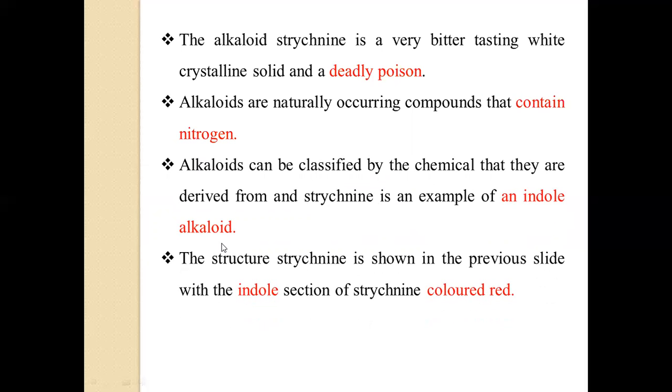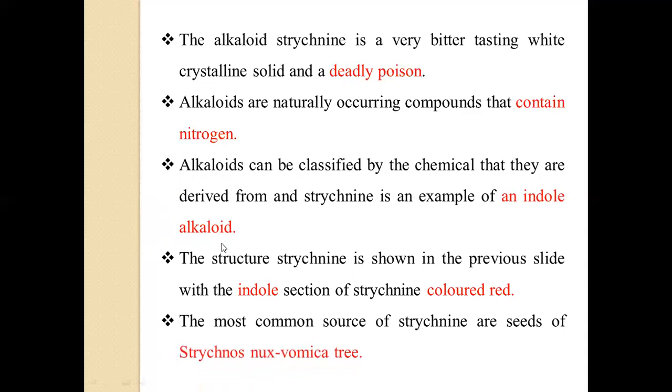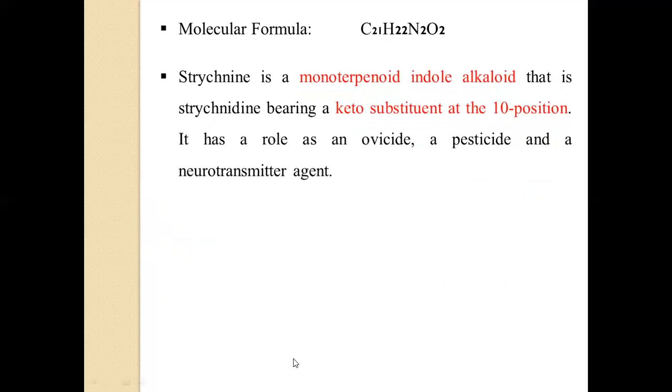When we discuss the structure of strychnine, which we saw in the previous slide, the indole nucleus is represented in red. This strychnine is obtained from the seeds of Strychnos nux vomica, which we saw in the last slide. As we have already discussed, the molecular formula is C21H22N2O2.